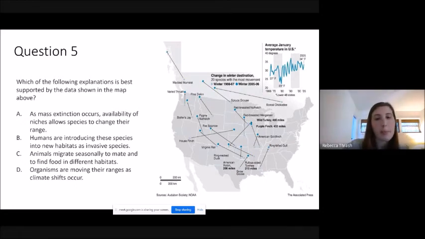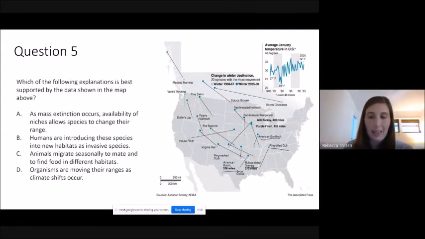Which of the following explanations is best supported by the data shown in the map above? So let's look at this map first before we start looking at the answer choices. Here I can see that we are following a lot of different bird species.